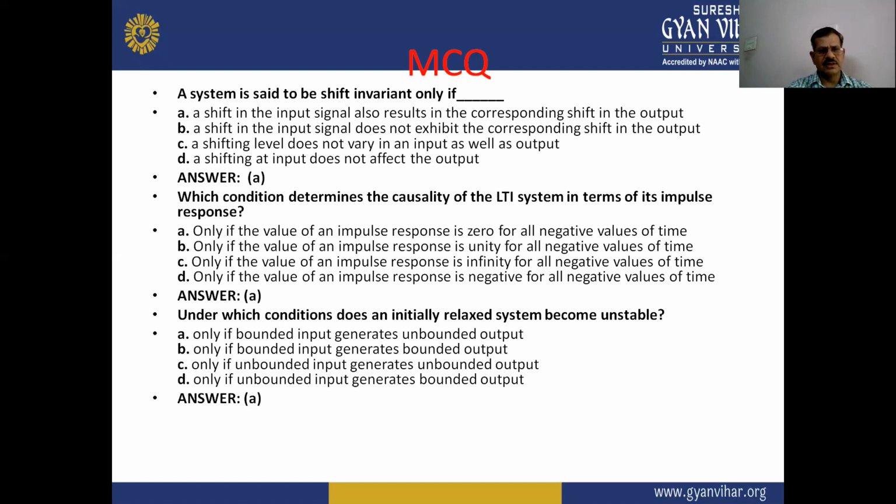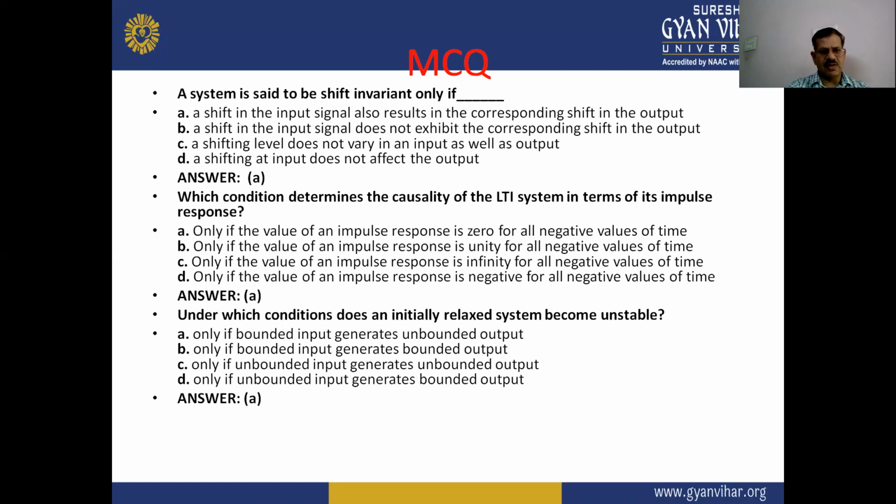Next question: under which condition does an initially relaxed system become unstable? Option A, only if bounded input generates unbounded output. Option B, only if bounded input generates bounded output. Option C, only if unbounded input generates unbounded output.